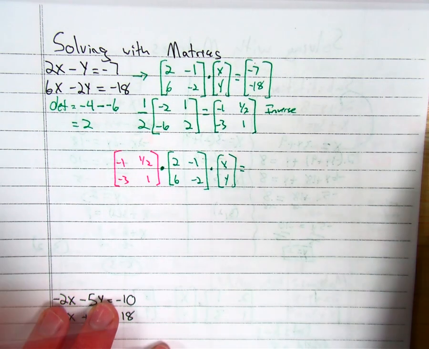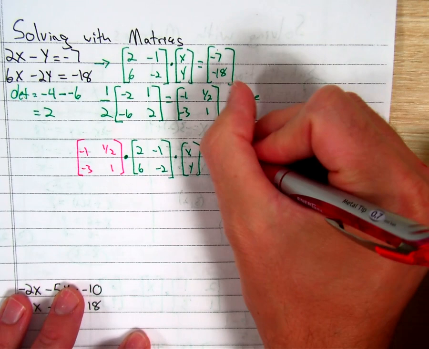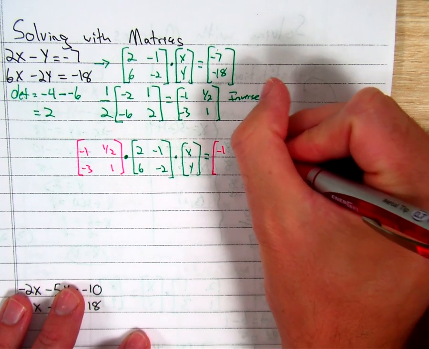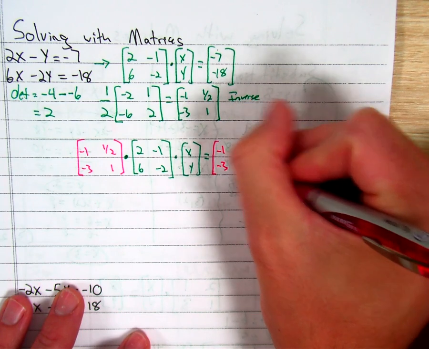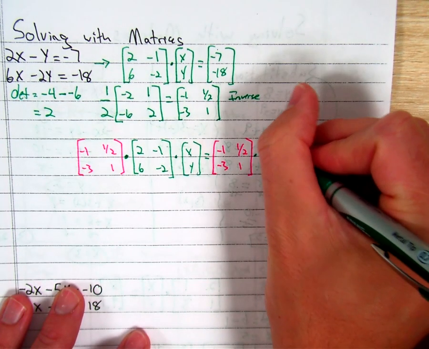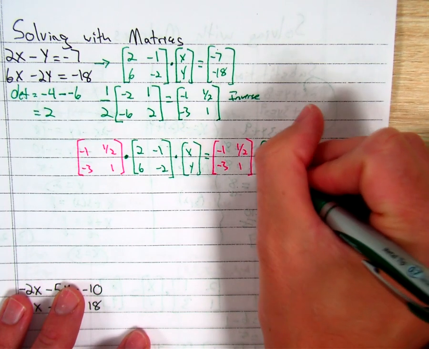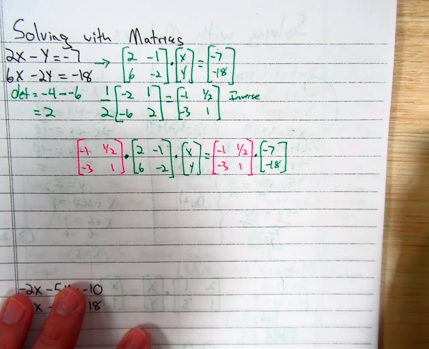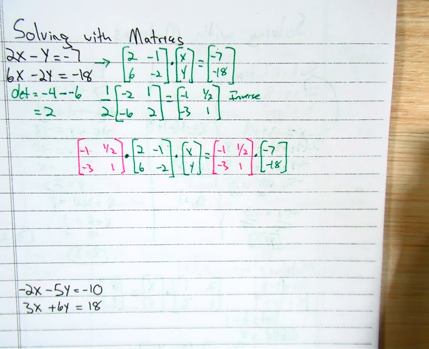Okay, remember the inverse needs to go in the front on the answer side. Negative 7, negative 18. Okay, a lot of writing down today. Sorry, kids, I know it's a lot of writing, but we're getting the process of it down for the 2x2s today, and then you'll get to do the 3x3s basically all on the calculator tomorrow.